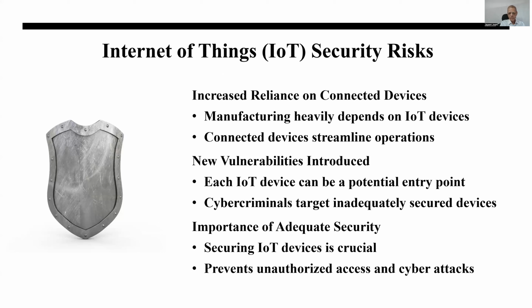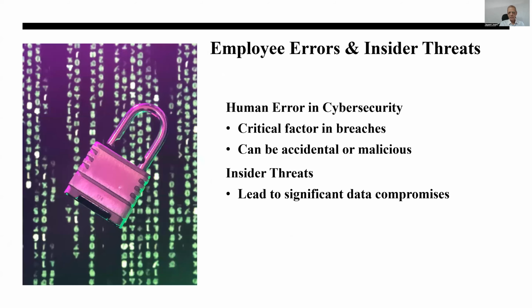The importance of adequate security is there. Securing IoT devices is very crucial, which we can control by preventing unauthorized access and any other cyber attacks which are likely to come. Employee errors and insider threats are there.